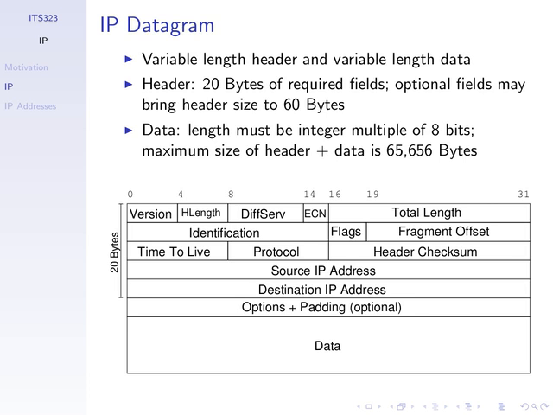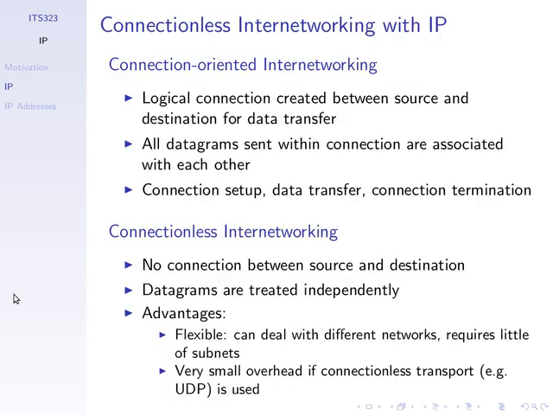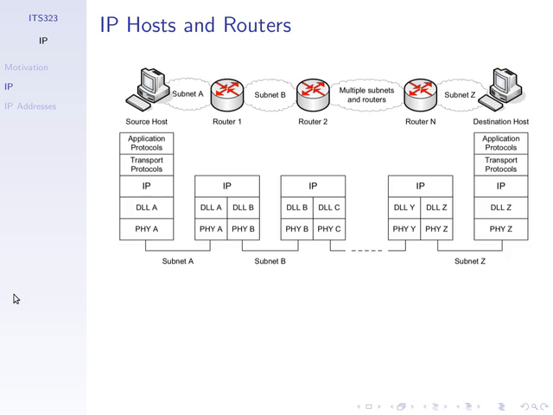That is, if we look at our stack now, and of course we have a source and destination which we've designated here. Host 1 in our case, the source host, creates some data to send to the destination. We assume in this case that we know the address of the destination.